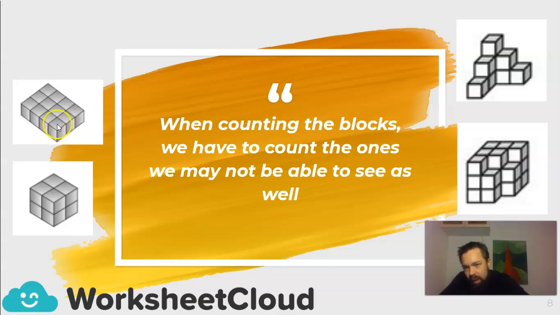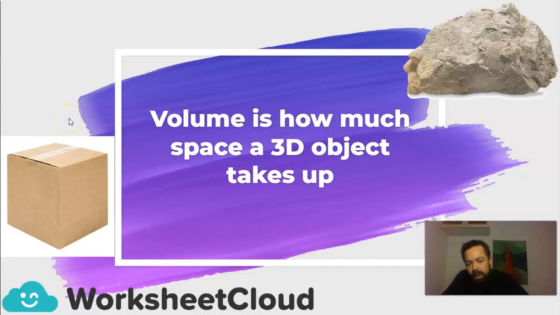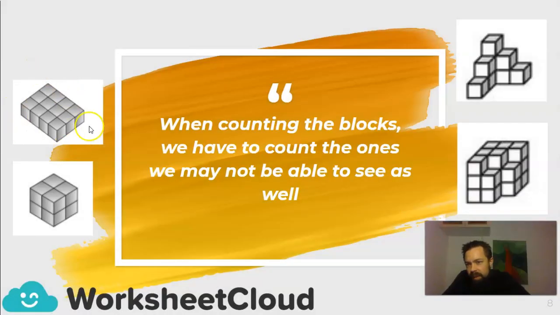So that's one block. Then we have another one over here, which there's its side and there's its top. And another one over there, there's its side and there's its side and there's its top. So there's 3 there, 4, 5, 6, 7, 8, 9, and 10, 11, 12. So the volume of this shape is 12 blocks.